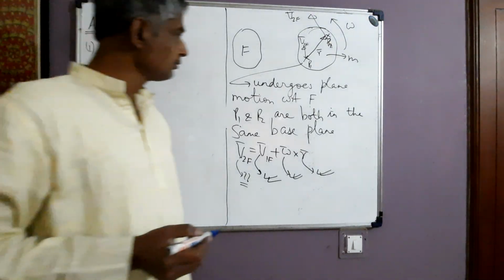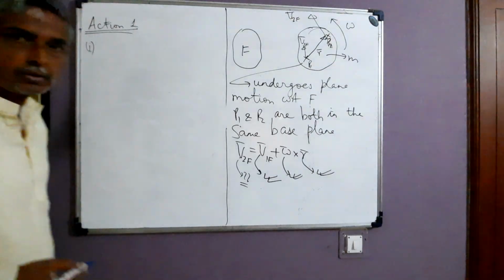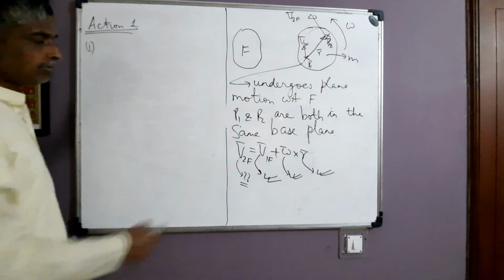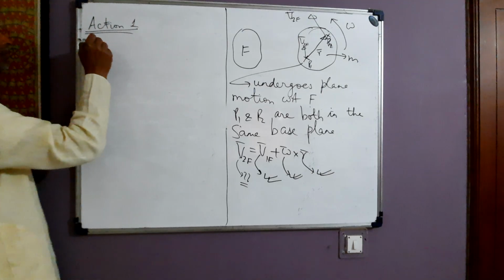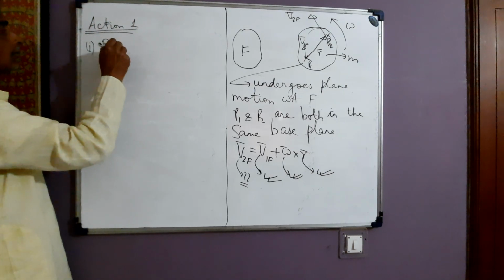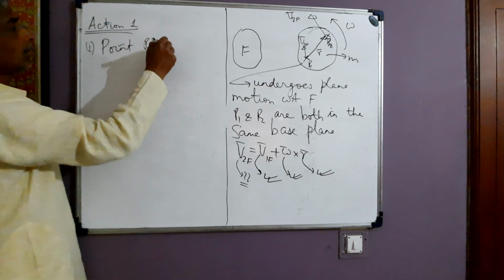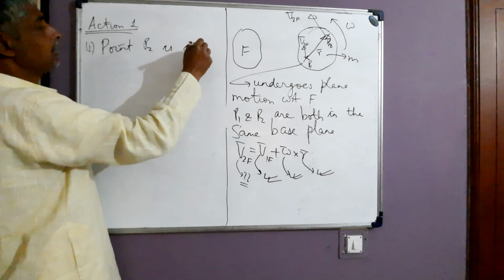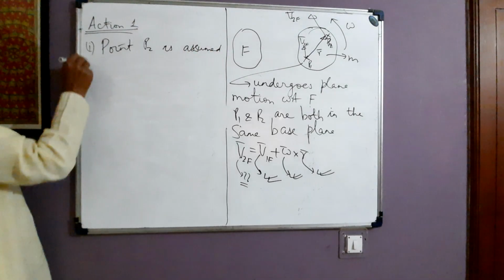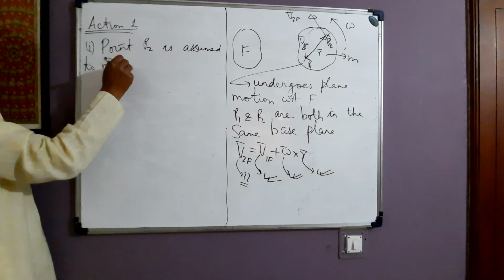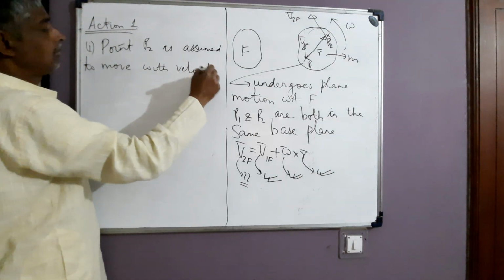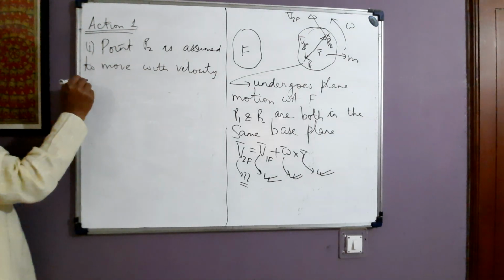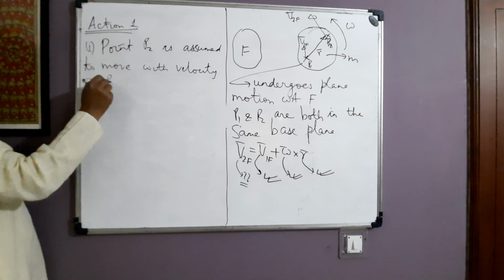First action: point P2 is assumed to move with the velocity of P1.